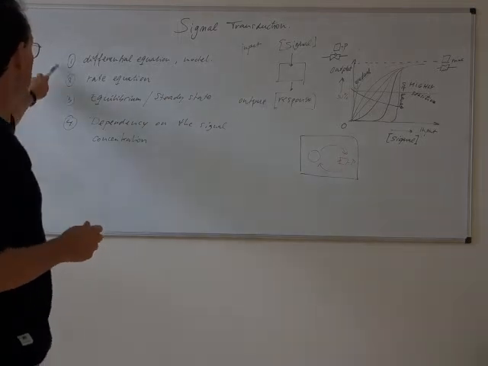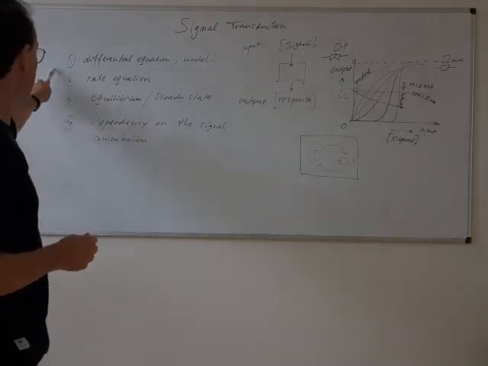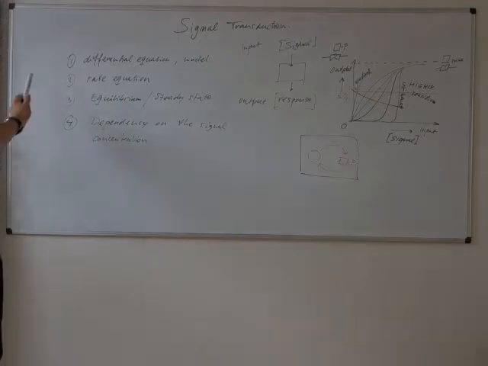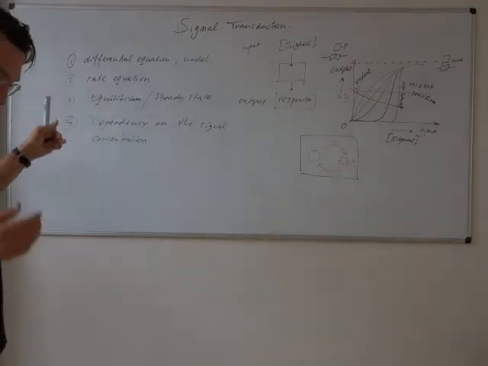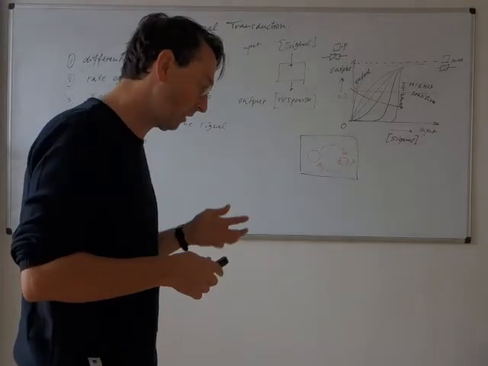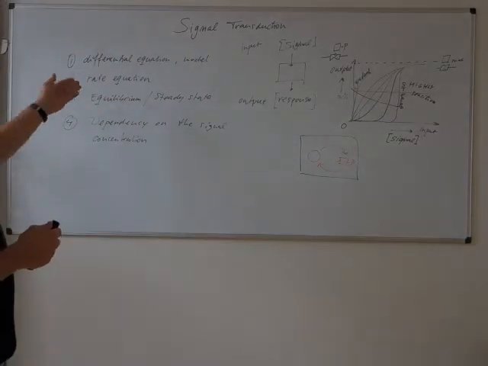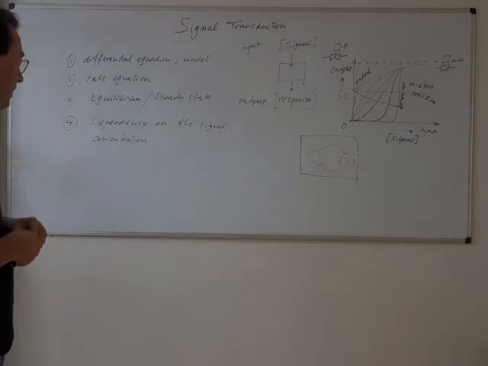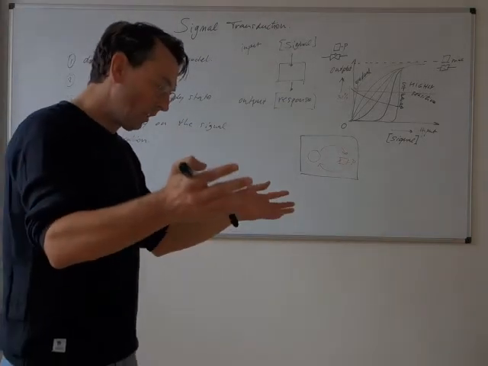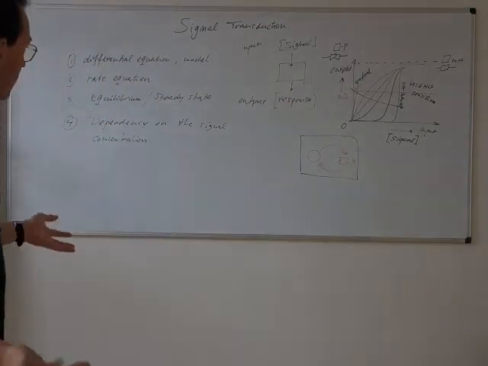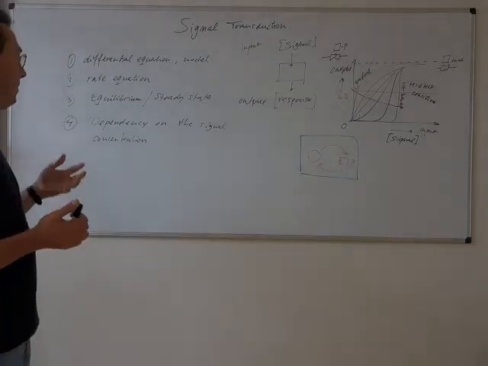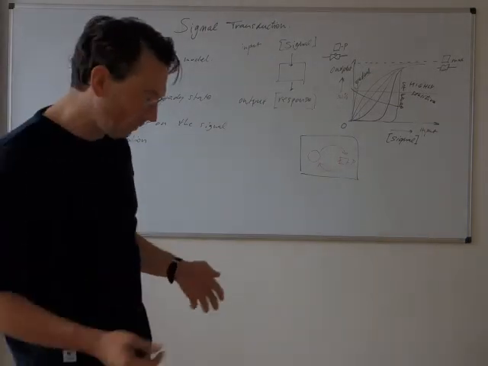But in each of these cases we have to ask these questions. We have to solve these puzzles. So what is the model that we're going to analyze that captures the biochemistry associated with the signaling phenomenon? What are the associated rate equations? Then we have the differential equations with the rate equations, and we can ask ourselves, is there an equilibrium state or a steady state?